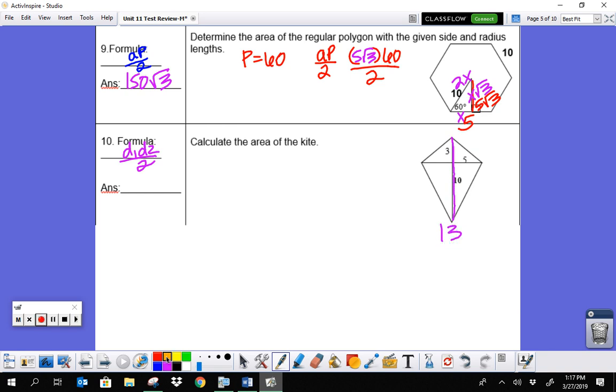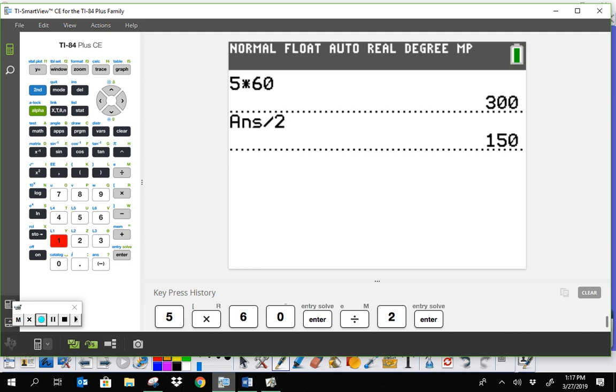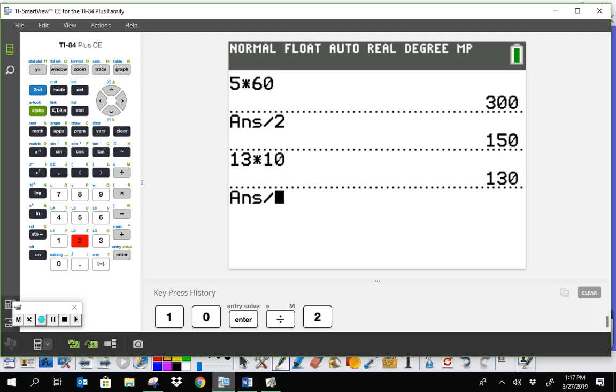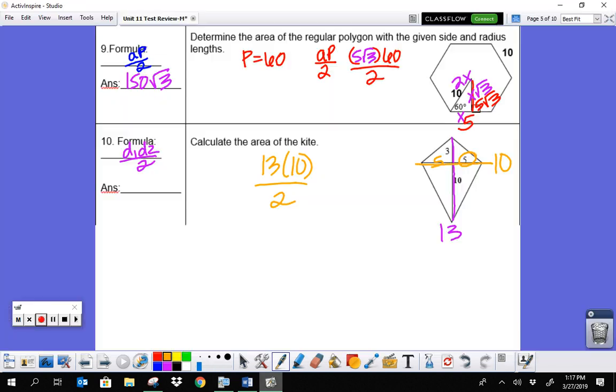I just need the other diagonal, okay, but I can see this little piece is 5, and I know those two pieces are equal, so the other side is also 5. So my other diagonal is 10. So I'm going to do 13 times 10 divided by 2, and you get 65.